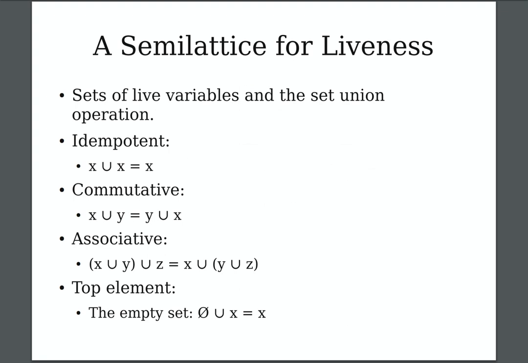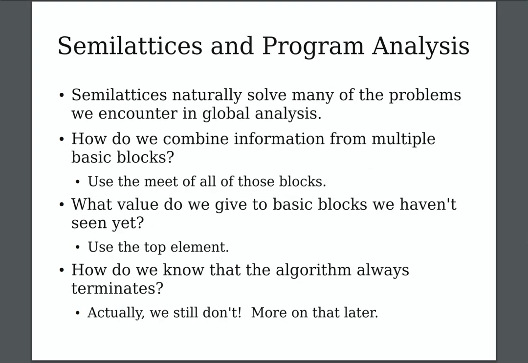So for liveness, as we said before, the meet or the greatest lower bound for live variables is the union. And this is just proving that the properties of the meet hold for union. So for program analysis, as we said before, if we can define this lattice, it provides a really nice solution to these problems when we do global analysis.